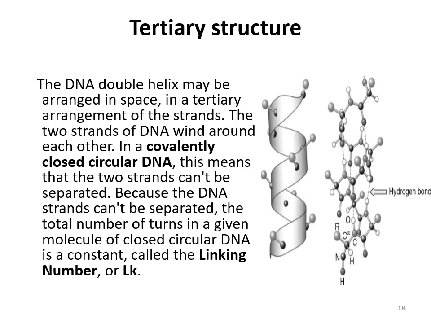This is new information about DNA winding: the total number of turns in a given molecule of closed circular DNA is a constant, that is called the linking number, which we can denote with Lk. So it remains constant for a given DNA molecule.